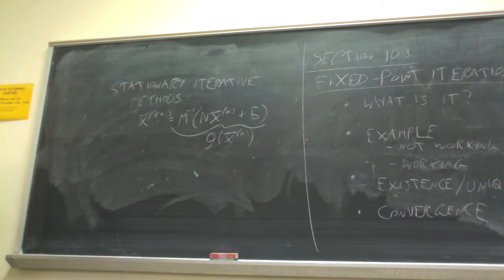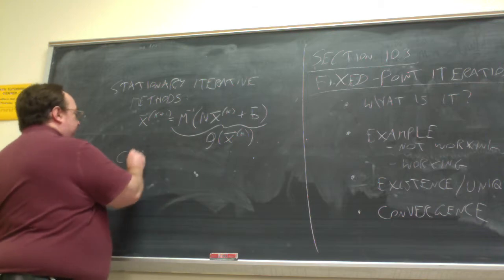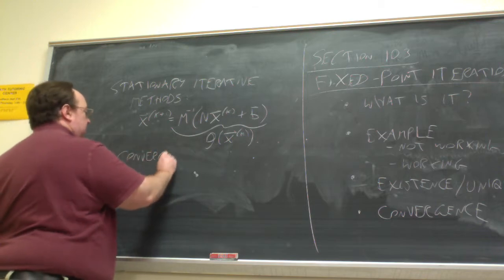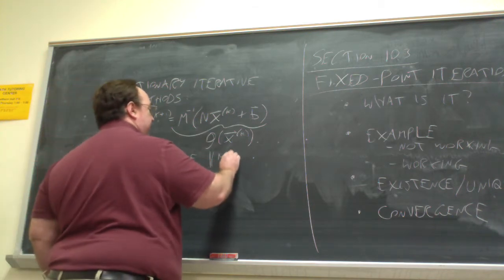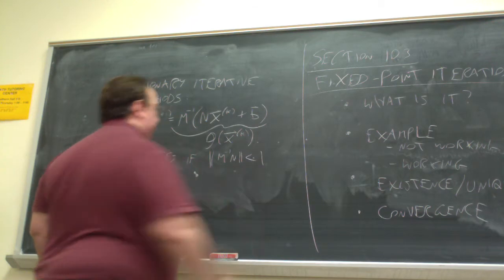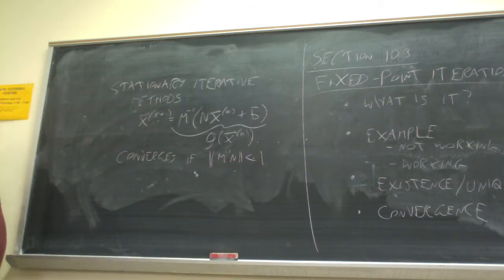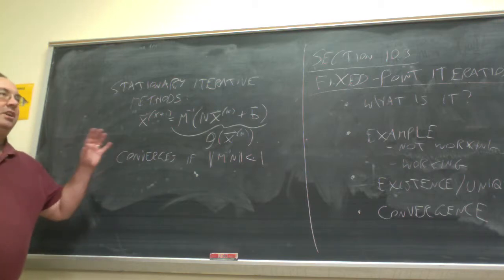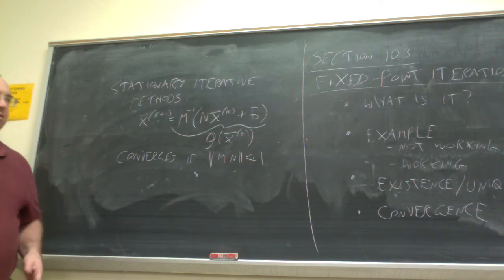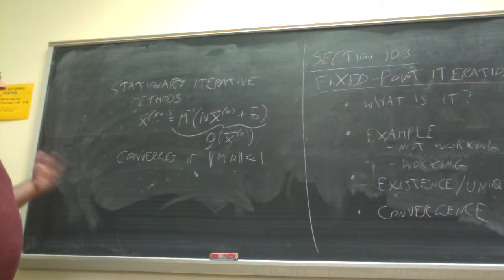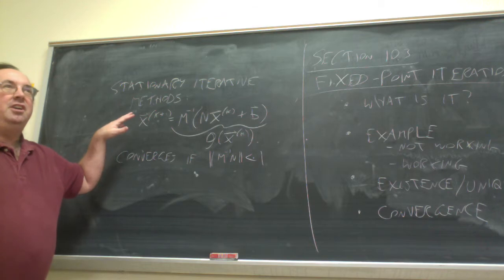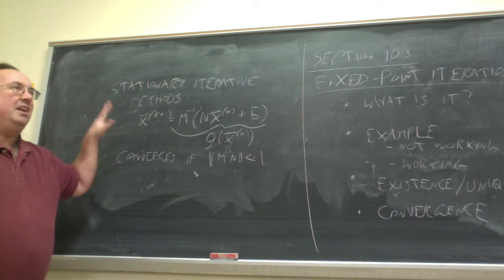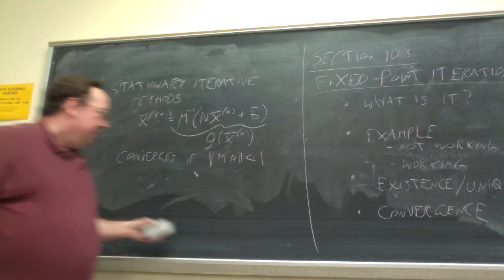We also saw that this converges if the norm of m inverse n, the iteration matrix, is less than 1, and it also converges if and only if the absolute value of the eigenvalues is less than 1. So we're going to have a similar condition for convergence when it comes to the fixed point iteration we're seeing today for a nonlinear equation. But here, this is a system of linear equations, so things are a bit easier to analyze in that case.